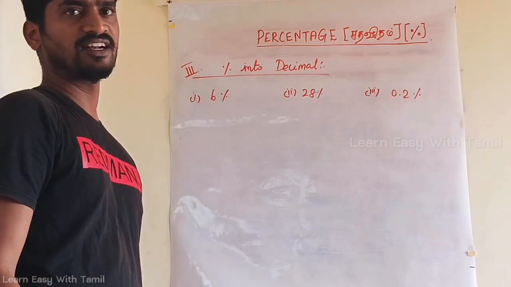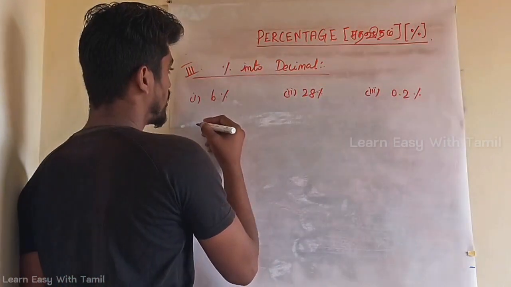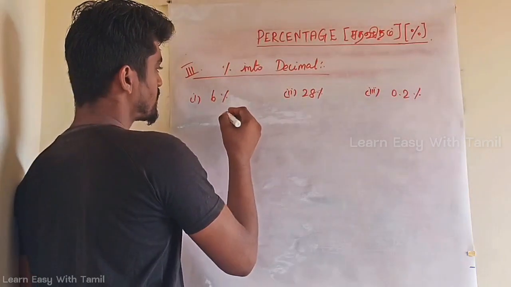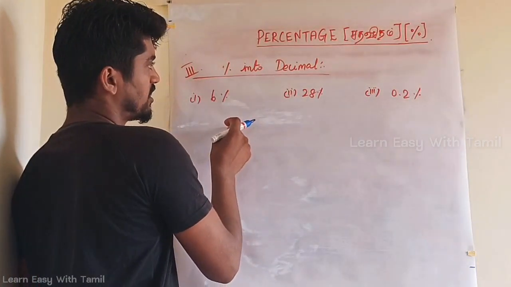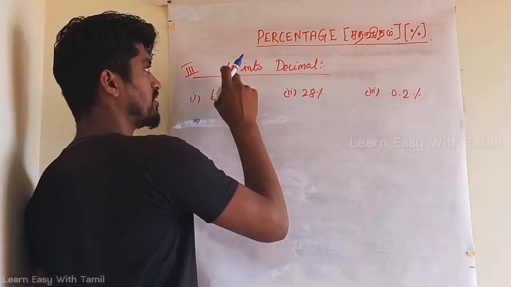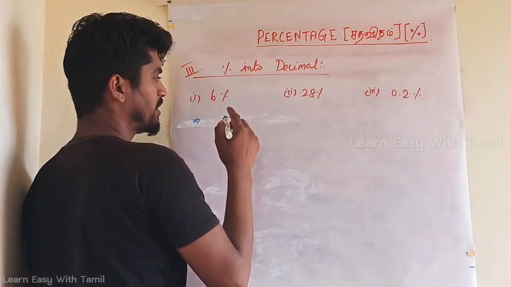Now we have to convert the percentage value into decimal value. Decimal value is nothing but a point value. From the first example, 6% is given. So for the conversion of percentage into decimal or fraction, we have to divide by 100.